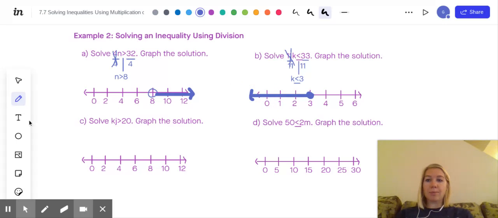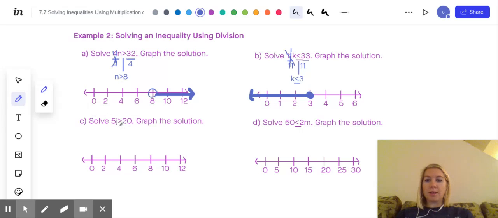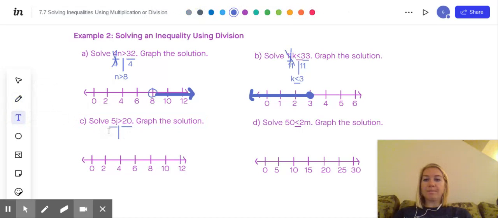Okay, let's look at problem C. It says solve k, oops, that shouldn't say kj. That should say 5j. Okay, so 5j is greater than 20. Okay, let's write our line down the middle, which is under the greater than sign. So 5 and j are being multiplied, so let's divide to get rid of the 5. We want to get the j by itself, the variable j.